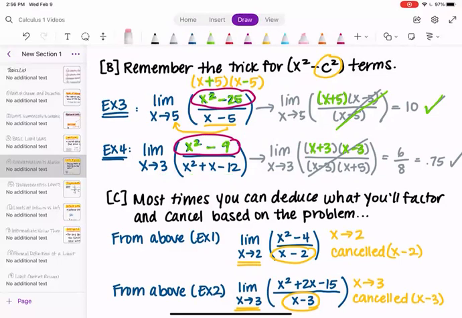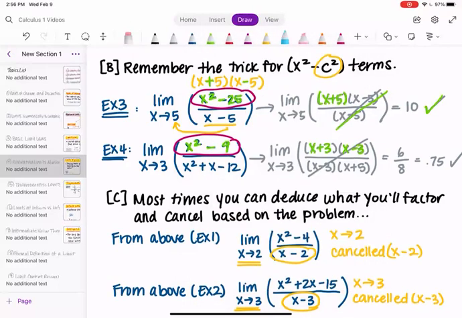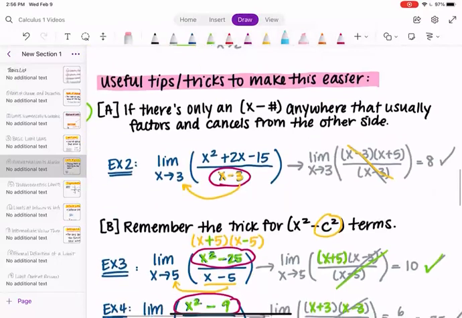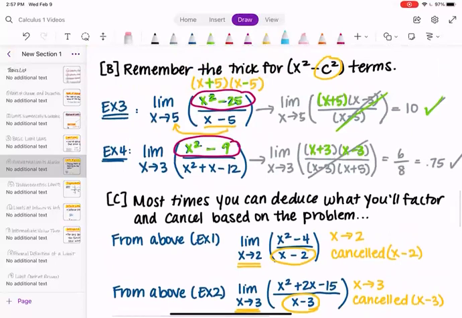There's no real trick for that one. But what I will say is, because we know from this first trick that we want to generally cancel an x minus the thing we're taking the limit at, we can almost start by assuming that's what we're going to take out, right? So we can assume that we're going to take out an x minus 3 somewhere, because we have x approaching 3. So now it becomes much easier, right?